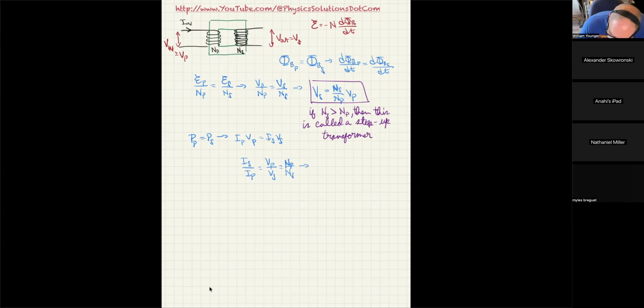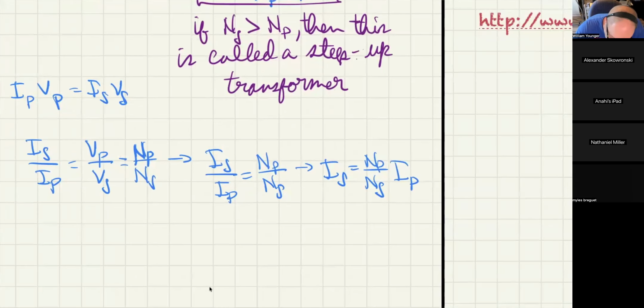So this tells us that I secondary over I primary is equal to N primary over N secondary, which means I secondary is equal to N primary over N secondary times I primary. And you see that the fraction is in fact upside down. So what is a step up transformer for voltage is actually a step down transformer for current.